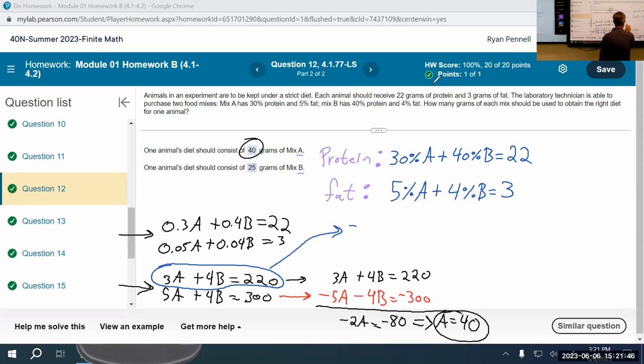Let's see. 3 times 40 plus 4B equals 220. Solve for B. 3 times 40 would be 120. 220 minus 120 is 100.